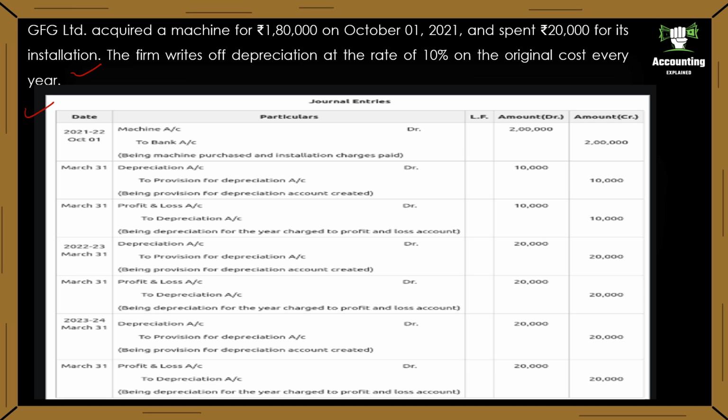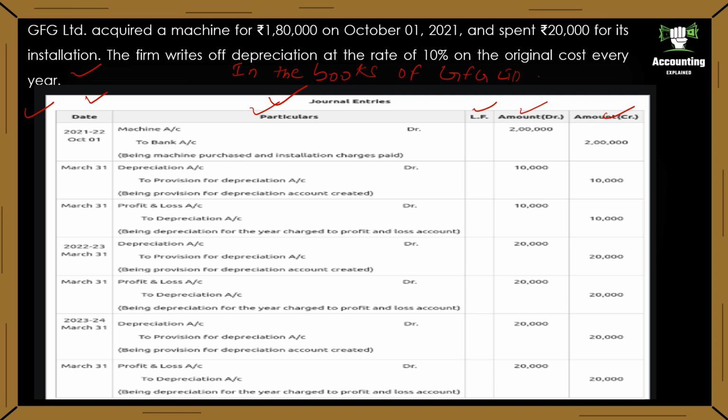Before starting, we have to write in the books of GFG Limited. First, what they have asked in the question is to write journal entries. The format for journal entries: date, particulars, LF, amount debit, amount credit. For provision for depreciation, in the first year 3 entries are mandatory.